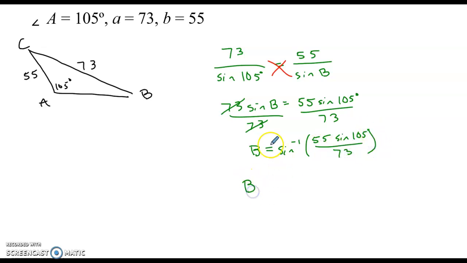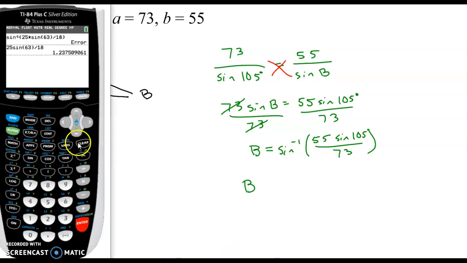And then my calculator can give me that answer if I type it in all at once. So inverse sine of 55 times the sine of 105 degrees divided by 73. Oops, I did 555.